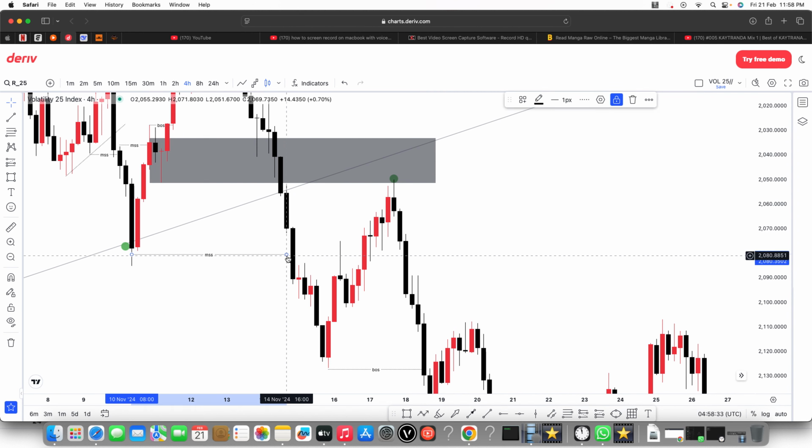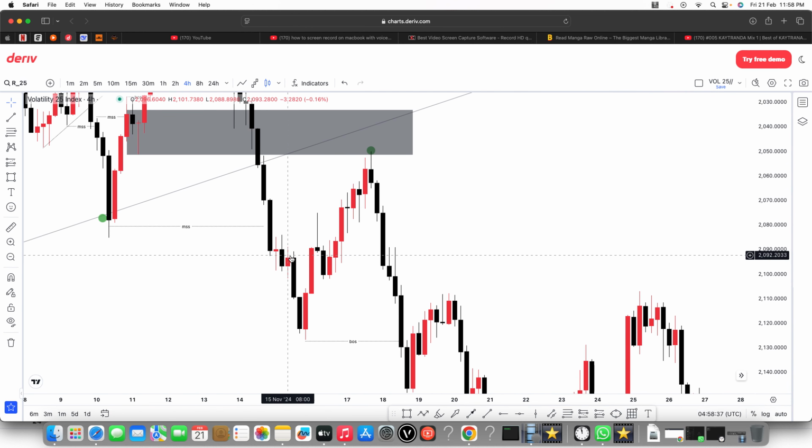Now the break happened here. Now to break back to the upside into price, this is where we had the last up candle, and this is the down candle that proceeded after.